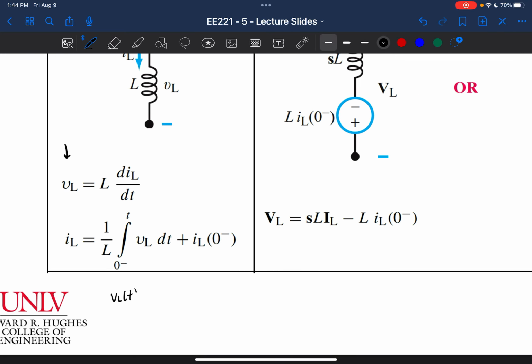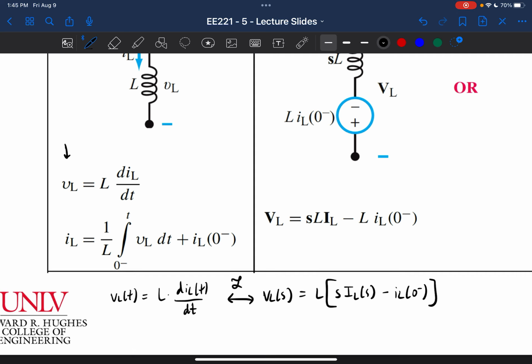So VL of t, we're saying, is equal to L dIL of t dt. And we know that using time differentiation, we can convert this into the S domain. And we can say VL of S is equal to our L, which is going to come along for the ride, the constant, multiplied by, we have to multiply the function by S in the S domain, and then we have to subtract the initial condition for that particular quantity.